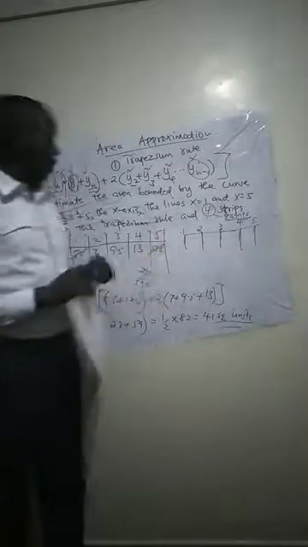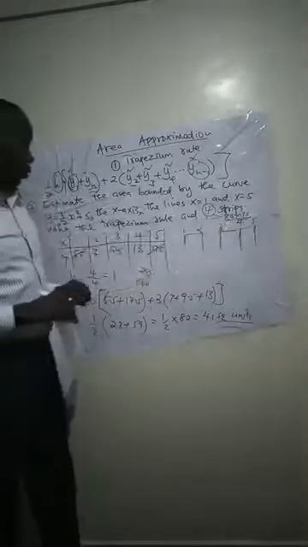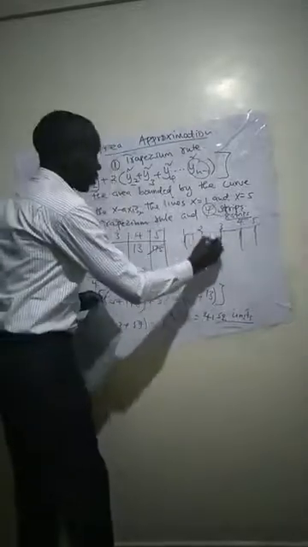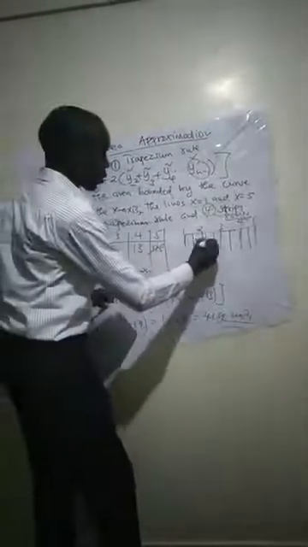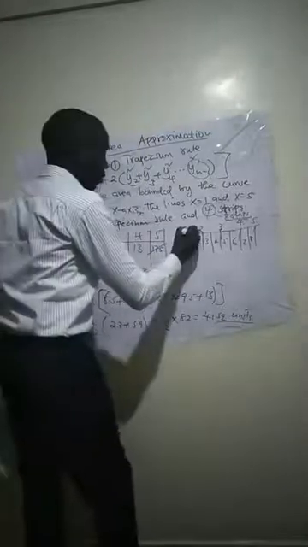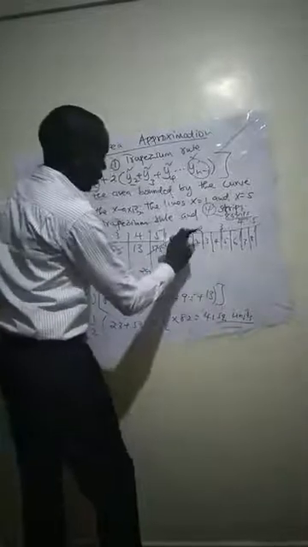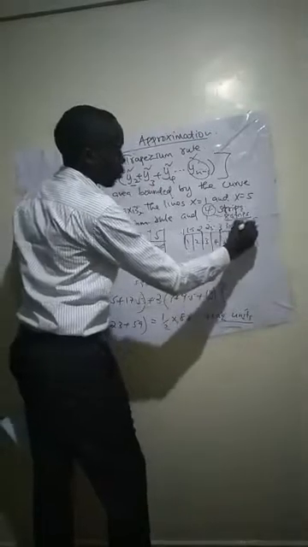It's very straightforward mathematics here, because if you have 4 and you need 8, then you need to divide each one of them by 2. Each strip, initially they were 4. When you divide them by 2, you get 1, 2, 3, 4, 5, 6, 7, 8. Now you have the required number of strips. You will notice that this strip will correspond to the value of x as 1.5, this one 2.5, this one 3.5, this one 4.5.